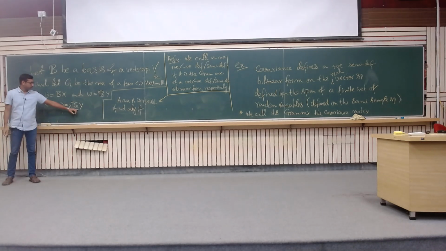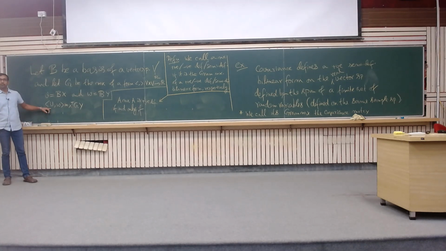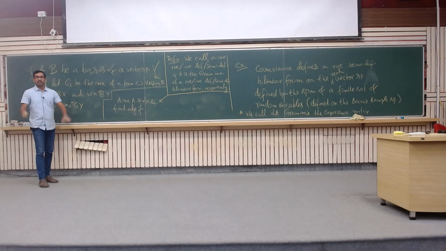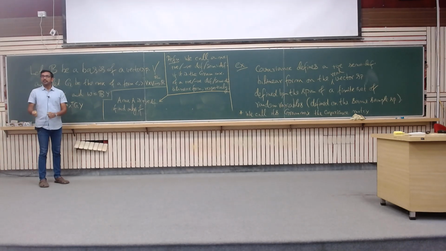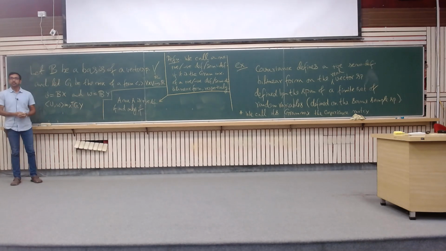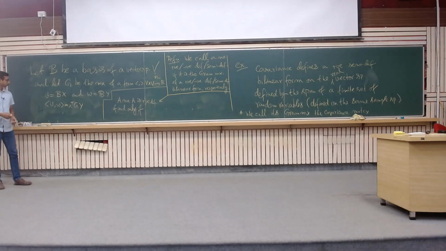So X transpose Gy was this form, right? Now I hope you recall what a positive definite form is. If you put V there, it is always positive. In both arguments you should put the same vector, and the output will be positive.